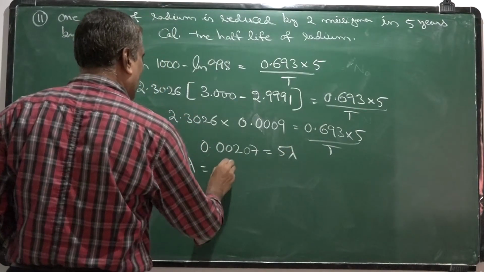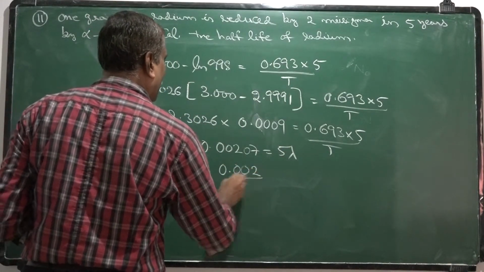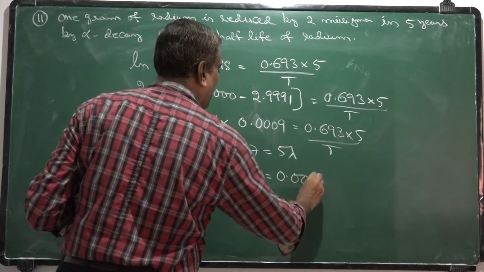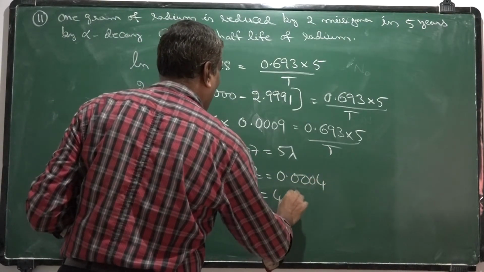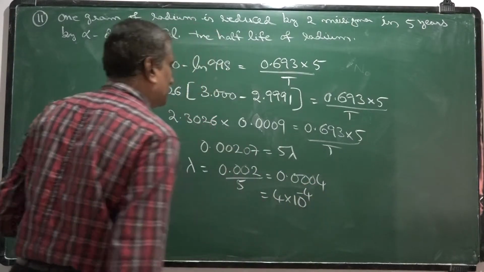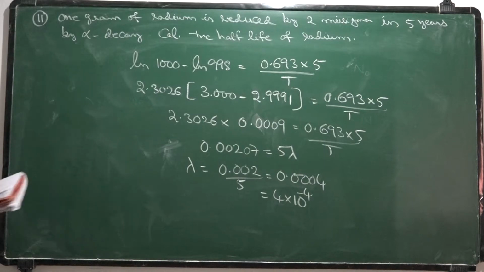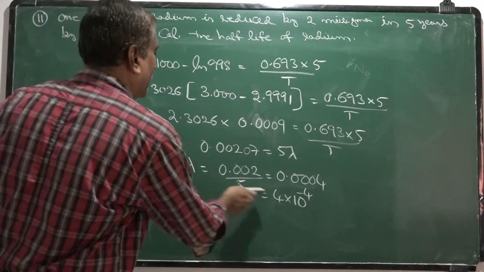So lambda is equal to 0.002 by 5, neglecting this 07, we get it as 0.0004, that is 4 into 10 power minus 4. So from this we get the lambda.